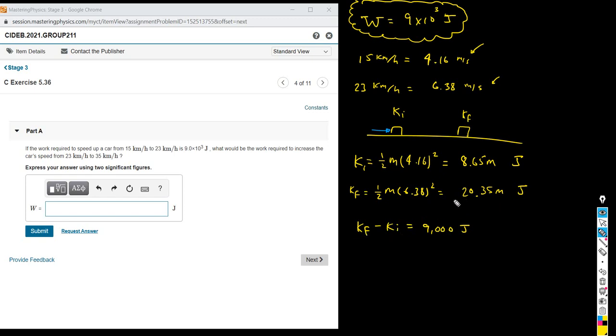Kf is this much, 20.35 times the mass. You see, this m is mass. It's not a unit. It's the m of the mass of the car, and minus the initial kinetic energy, which is 8.65 times the mass, equals 9,000. And as you can see, we have an equation with one variable, which is the mass. So let's solve it.